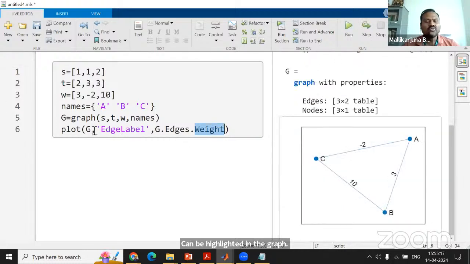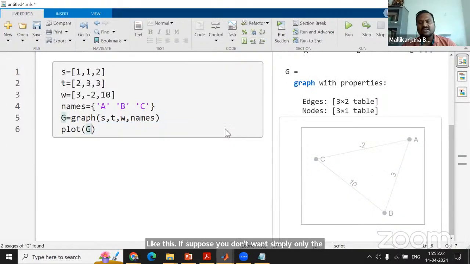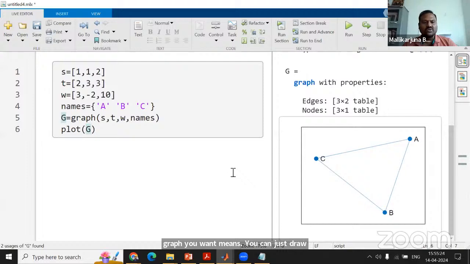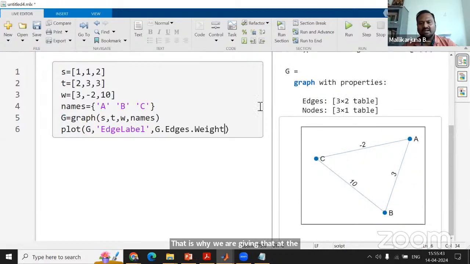If you don't want that, you can just draw the graph and it will show A, B, C. But we know that the AB strength is 3, AC strength is -2, and BC strength is 10. That is why we give the edge labels along with the weights.